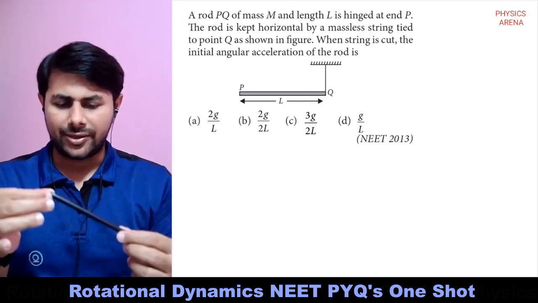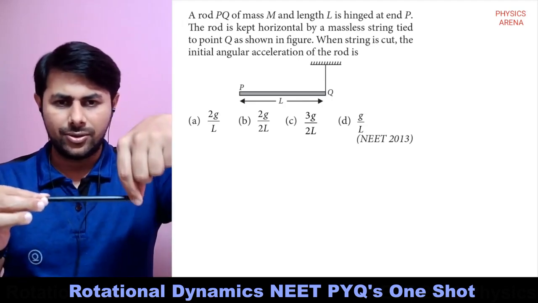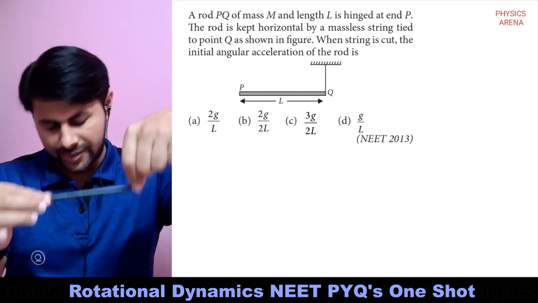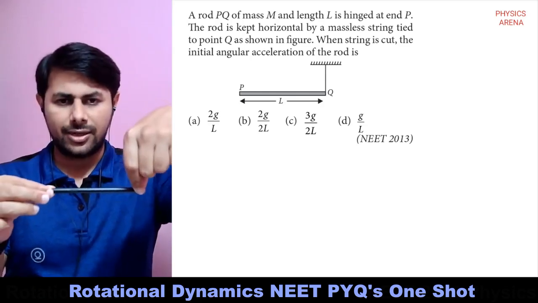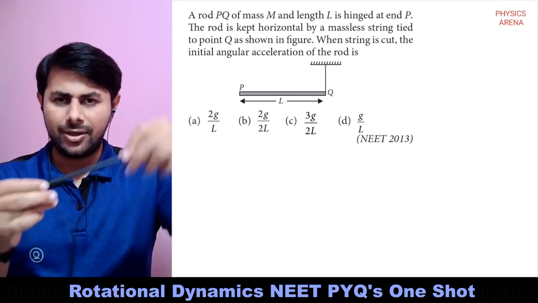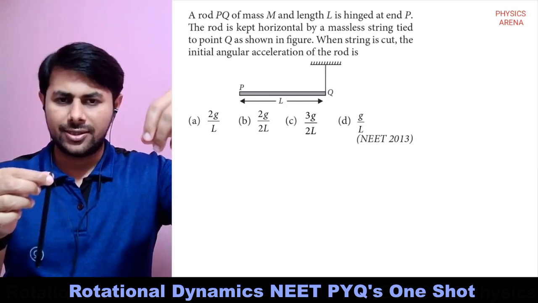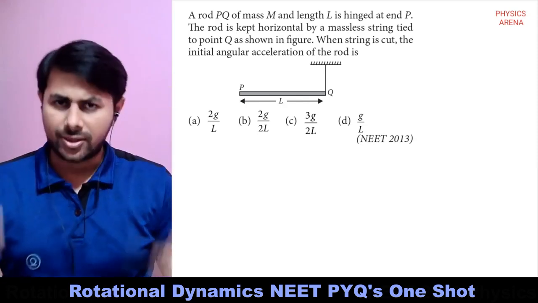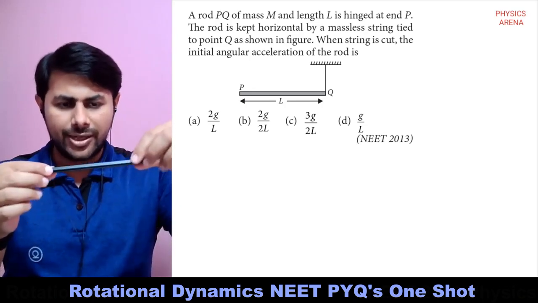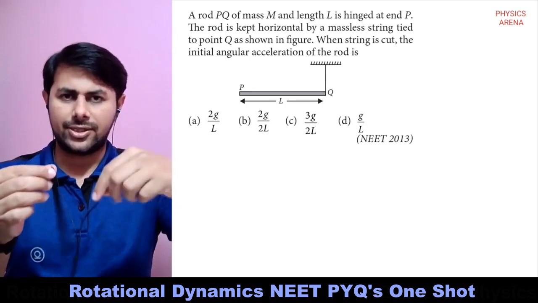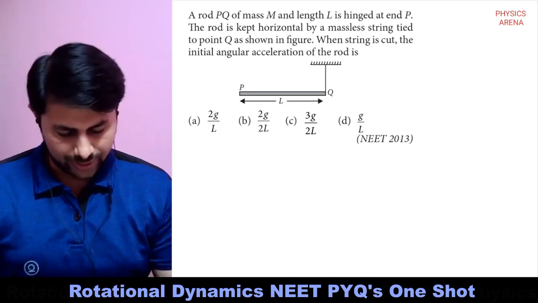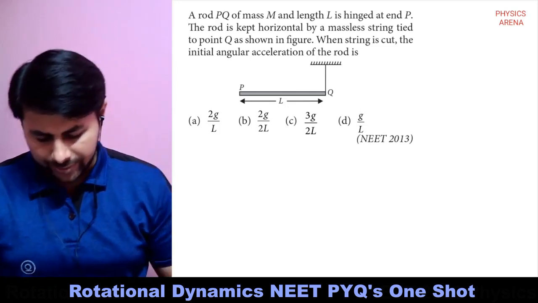But it can rotate, and now you are supporting it by means of this thread or a string at the other point. If you release it from there, what will happen? It will rotate like this. So what will be its initial angular acceleration? Angular acceleration at the starting point. This is the question, which is very simple.